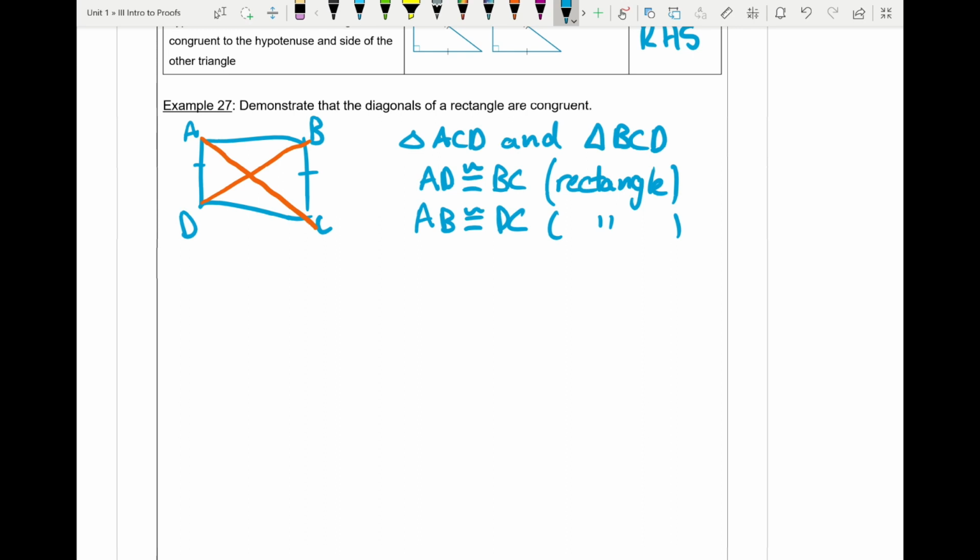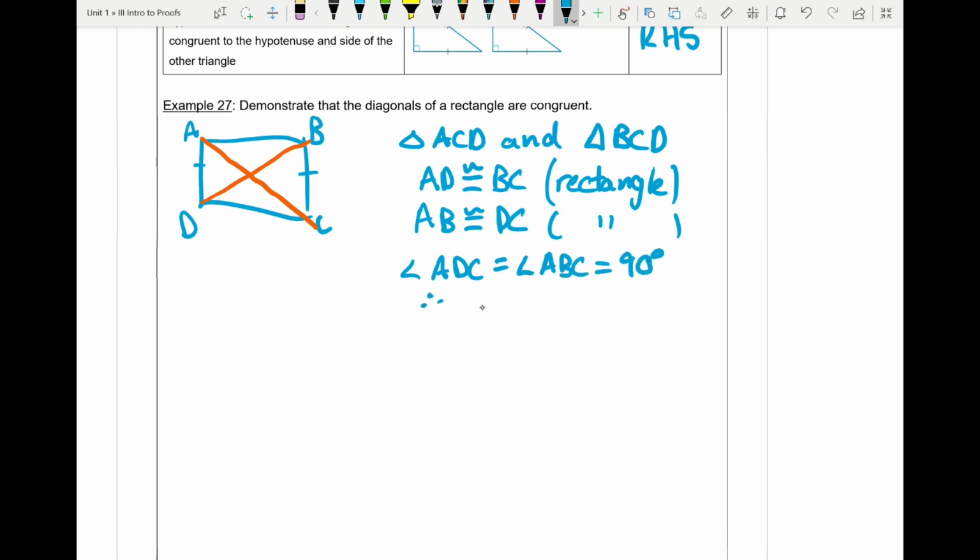So the angle between these 2 lines, so for instance, if we were to take DC and BC, well, we know that that's going to be 90 degrees down here, and it's also going to be 90 degrees up here. So we have that angle ADC is equal to angle ABC because they're both 90 degrees.